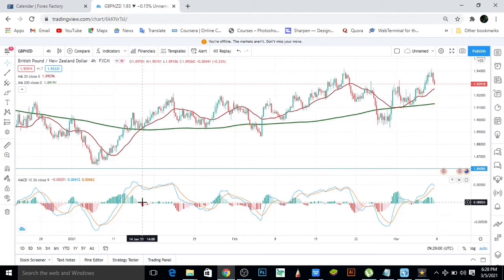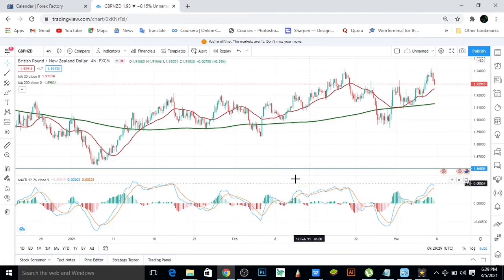Now, when you are in an uptrend, you are looking for buy opportunities. When you are in a downtrend, you are looking for sell opportunities. When you are in an uptrend, that is when the two lines are above the zero line, what you are looking for is an upward cross of the blue line over the orange line.